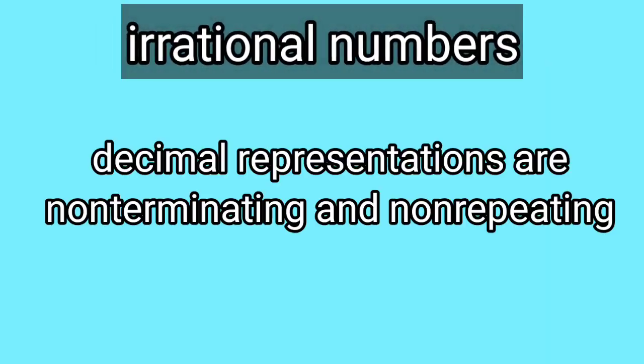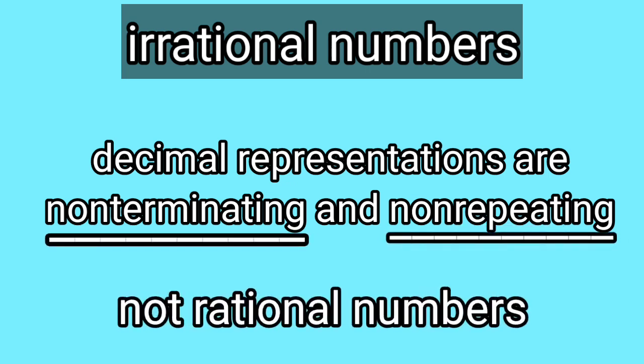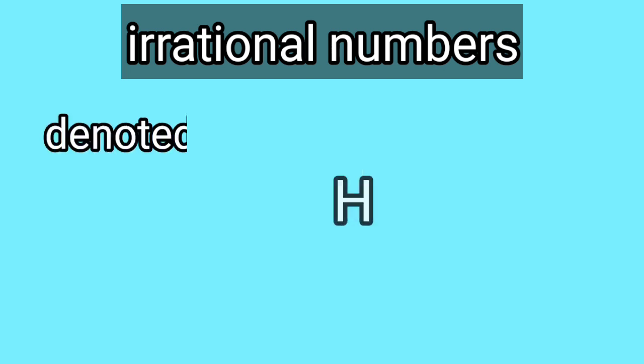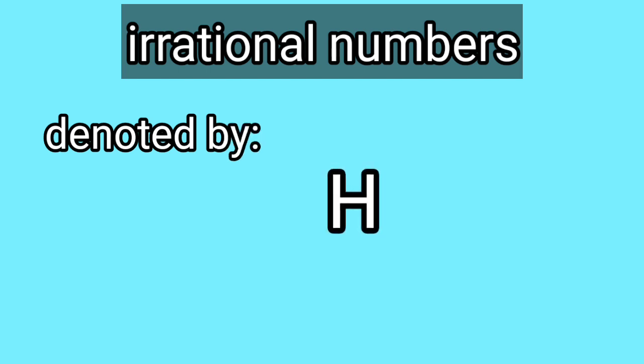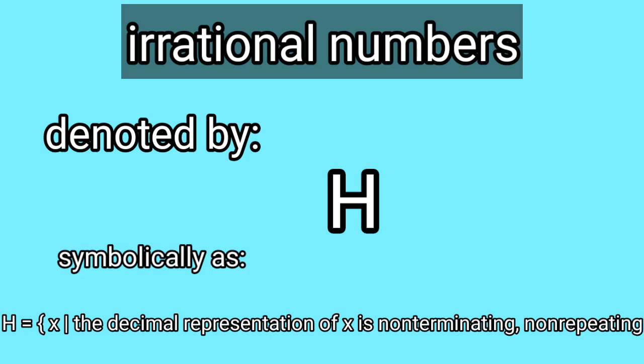The numbers whose decimal representations are non-terminating and non-repeating cannot be expressed as the quotient of two integers and hence are not rational numbers. This set of numbers is called the set of irrational numbers, which we denote by big letter H. It may be defined symbolically as H is equal to the set of x such that the decimal representation of x is non-terminating and non-repeating. The union of the set of rational numbers and the set of irrational numbers is the set of real numbers.